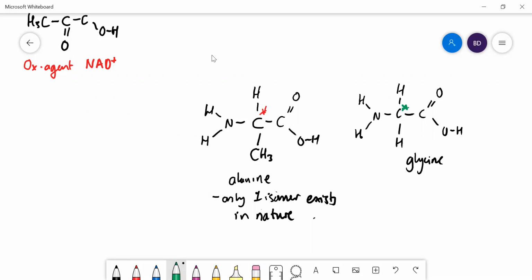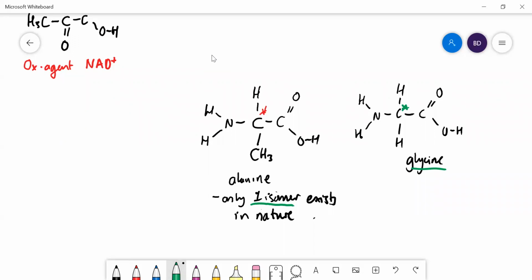But that is the only naturally occurring amino acid which doesn't have an asymmetric carbon in it. That's the exception. All the other 19 amino acids can exist as two isomers, but they only exist as one. So in nature, there's only one version of alanine.